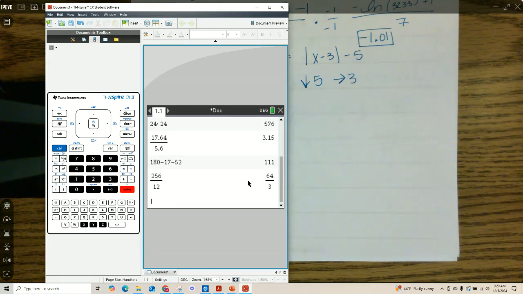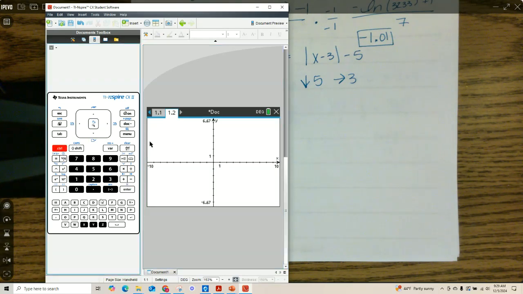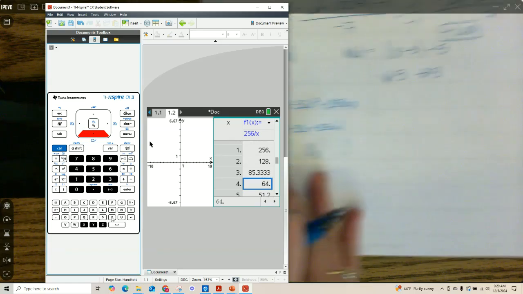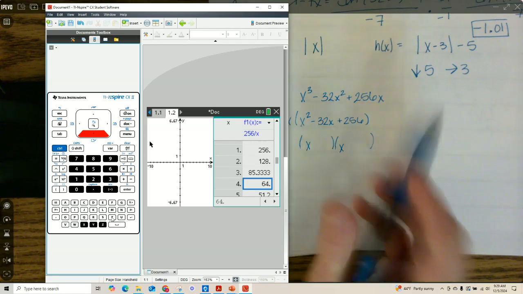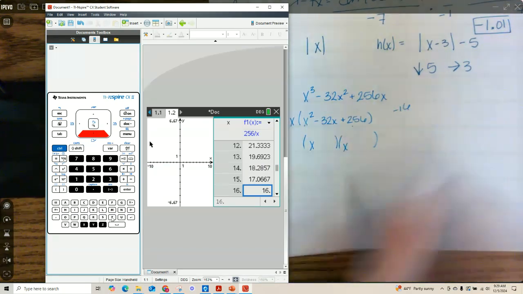Let me do it this way. So we need two numbers that will add to make -32. They're both going to have to be negative if this one's positive. 8 and 32 won't do it. 16 and 16? Yep. Okay.